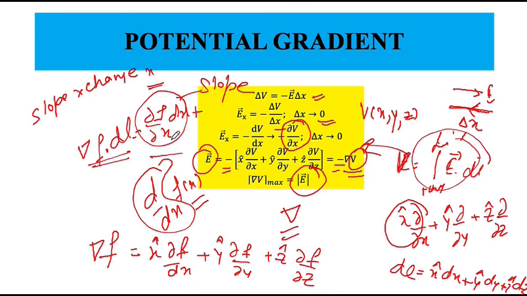Therefore, what this quantity gives you is the total change in function f if you take a directional path or line along dl. So if you go in a given direction dl, you can find out what would be the change in that function value. The maximum change will give you the maximum change in function value, and this is what you are going to use if you want to climb a hill or go down a valley.